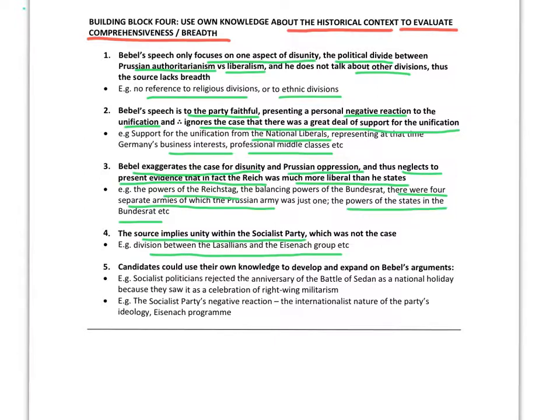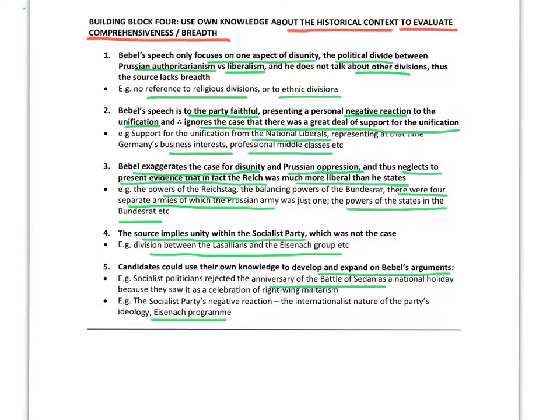And finally, candidates could use their own knowledge to develop and expand on Bebel's arguments. So other things you could have mentioned, for example, the anniversary. Socialist politicians rejected the anniversary of the Battle of Sedan as a national holiday because they saw it as a celebration of right-wing militarism, and so on. We've already mentioned the Eisenach programme.